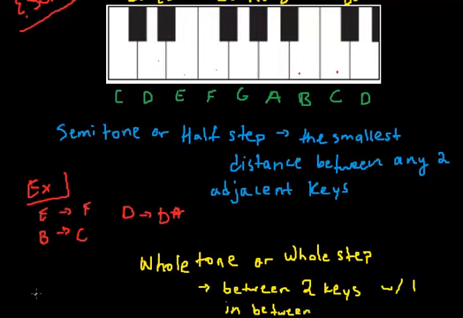So, for example, C and D, or F sharp and G sharp, right?